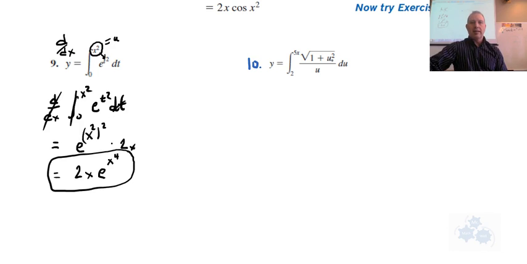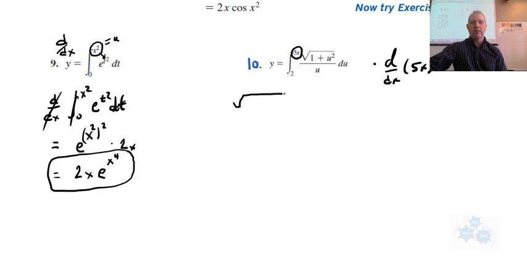Okay, so again, it doesn't matter if this is t or u or w or k, it doesn't matter. This is what has to go in for u here. So I don't know if they're just trying to mess you up a little bit, but this goes in here. Because this is not x, we do need to, again, at the end, multiply by the derivative with respect to x of 5x, right? So let's do that. The derivative and the integral cancel each other out.